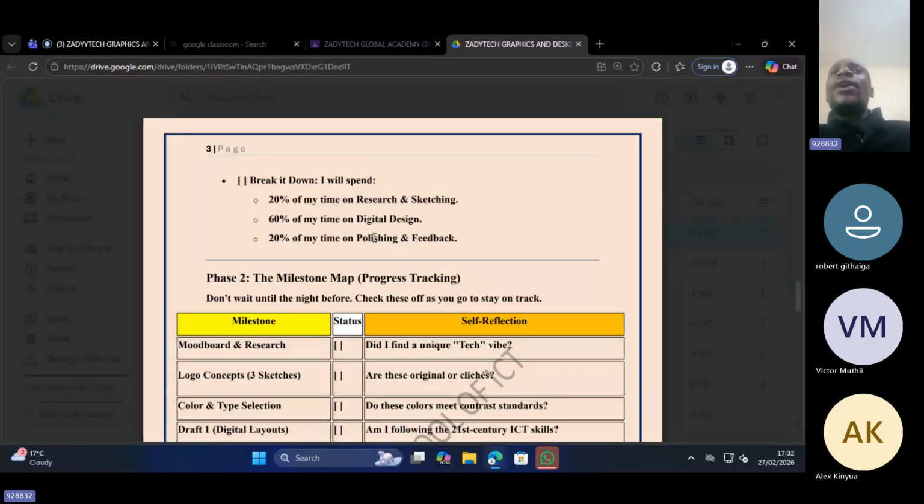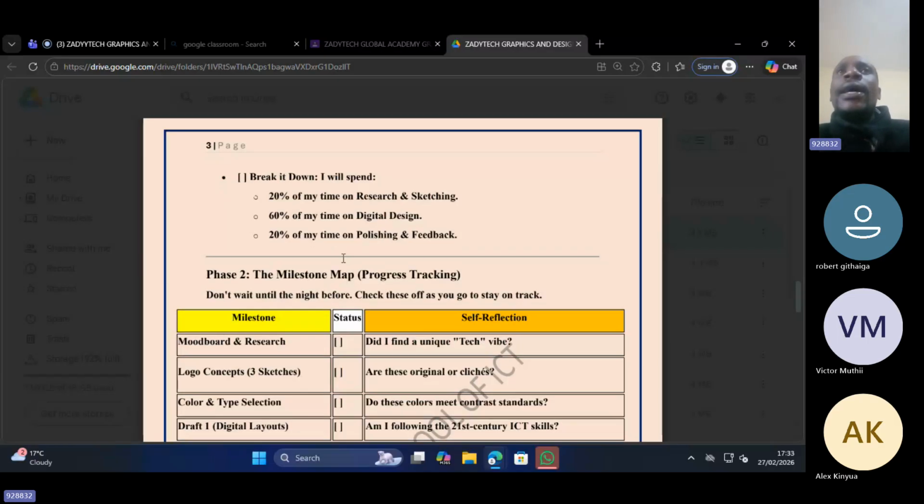Will you mind moving this icon to this end? When you engage in that kind of conversation, you get feedback that will help you polish your design, so that you end up with a very good final product. That's what you're supposed to do, so that you come up with a very good design.